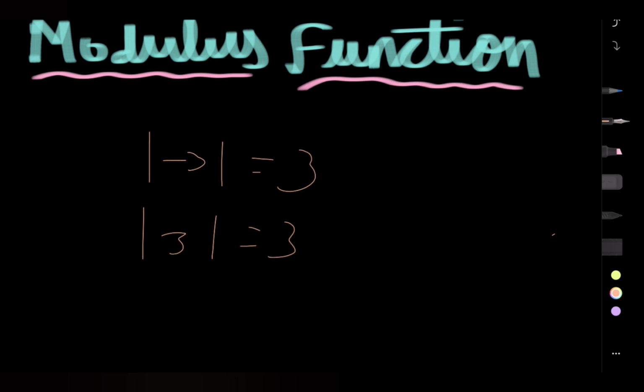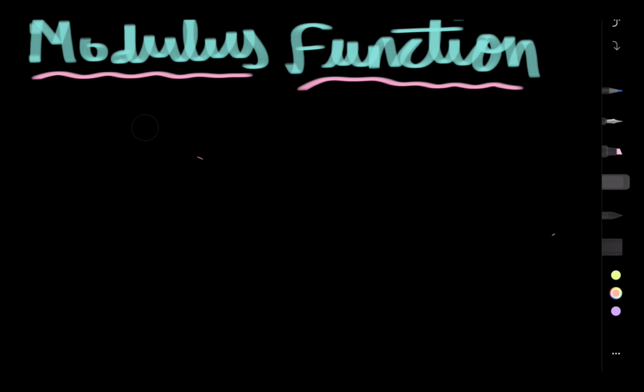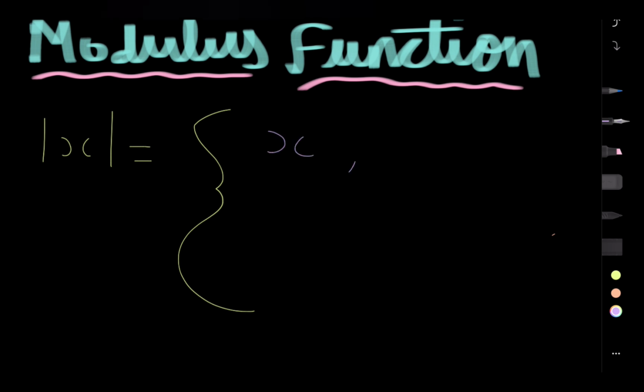Then how can I define the modulus function? I can define it in such a way that modulus of x is equal to x if x is greater than 0.